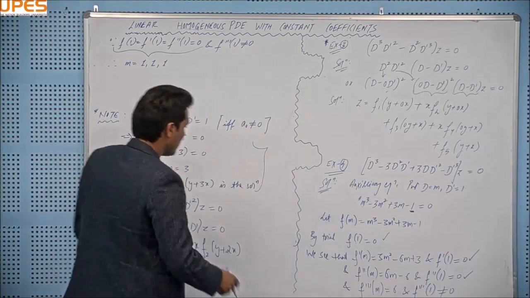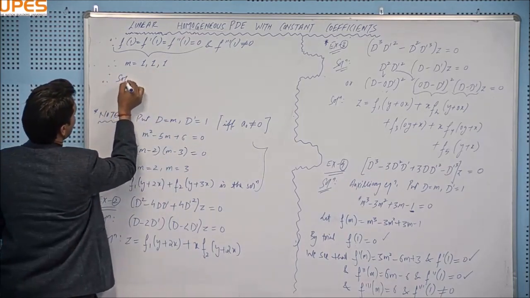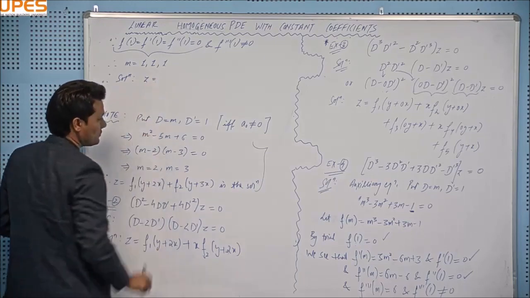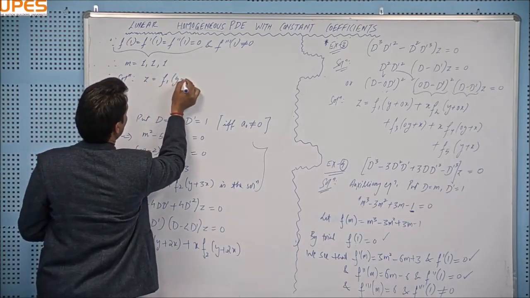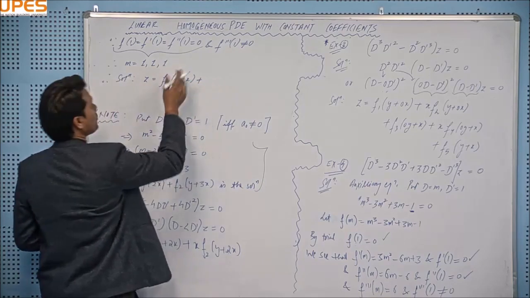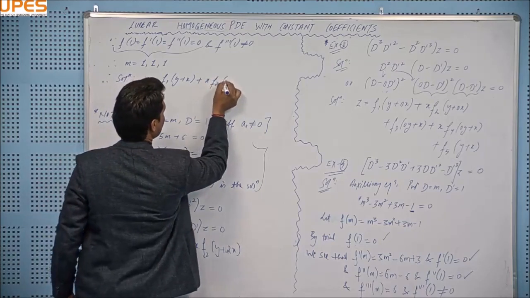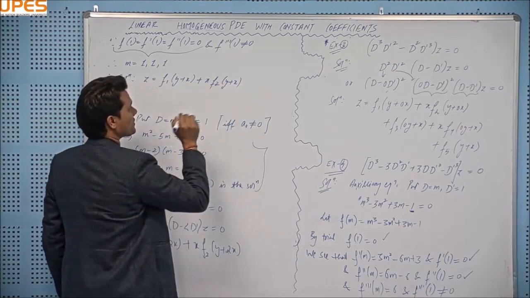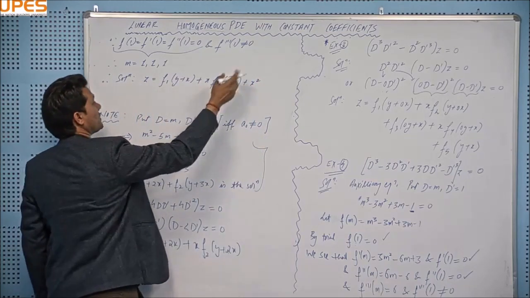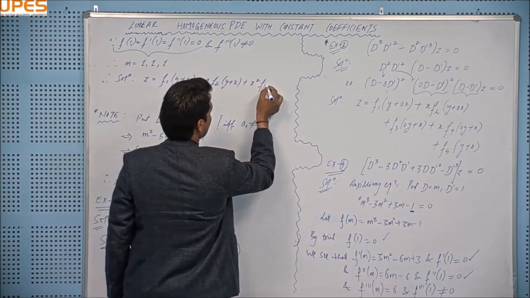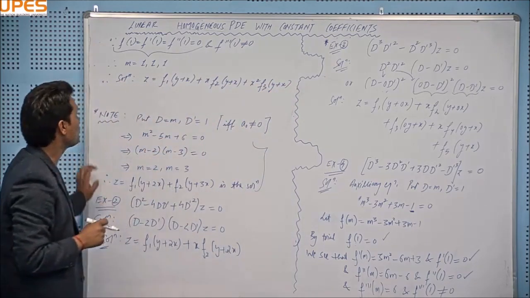Okay. Now with the root repeated thrice, the solution will be of the form z equal to f1(y plus x) plus, since the root is repeated, x times f2(y plus x) plus x square times f3(y plus x), increasing the power of x in each factor, and this is the solution of this equation.